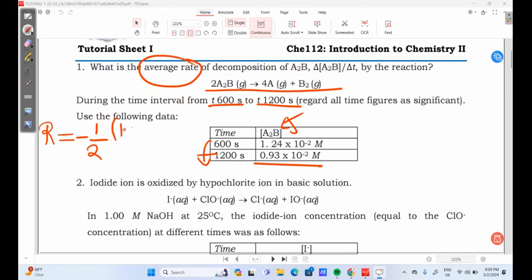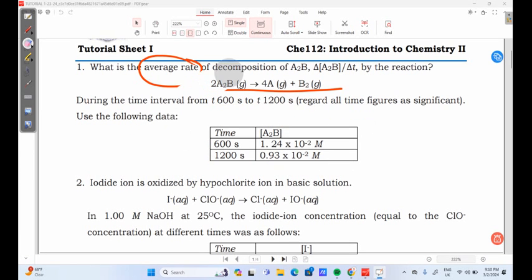So 1.24 times 10 to the power negative 2, and then minus, sorry, we're supposed to find the final minus the initial. Negative 1 over 4, not 4, 2.